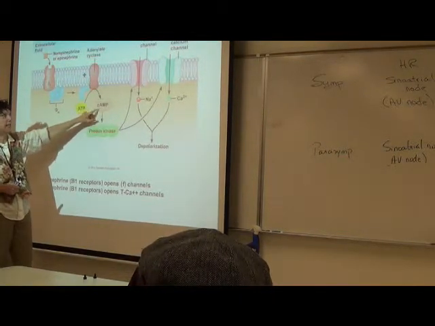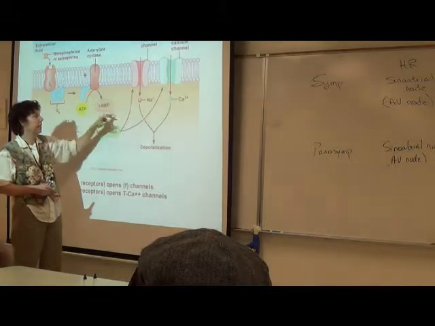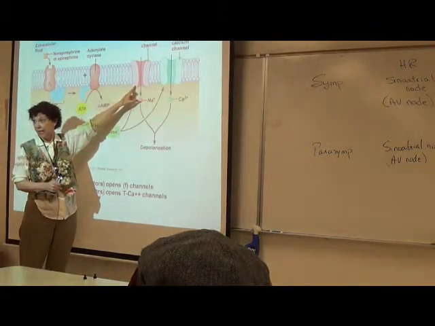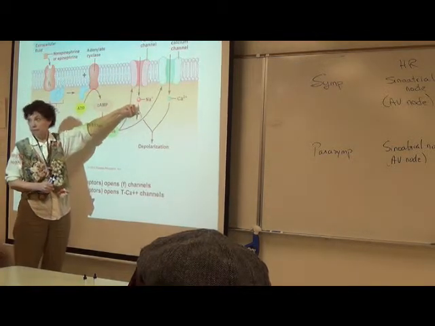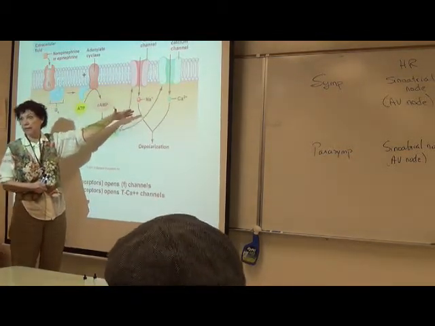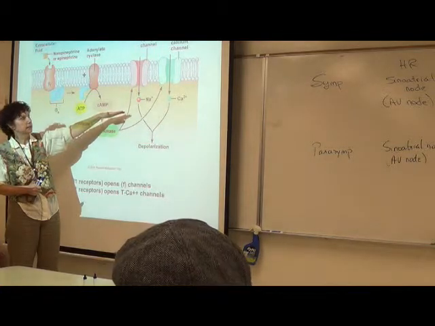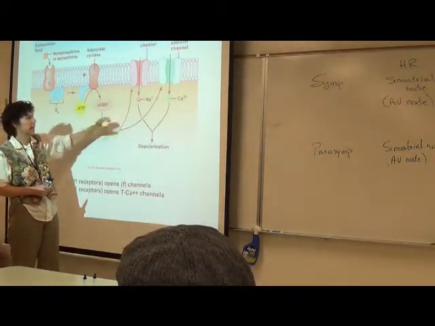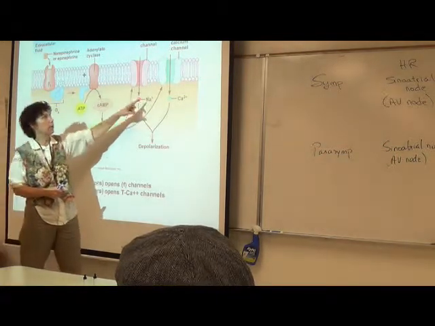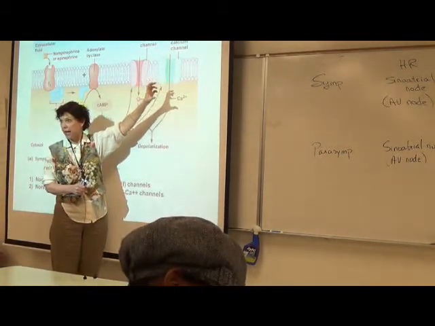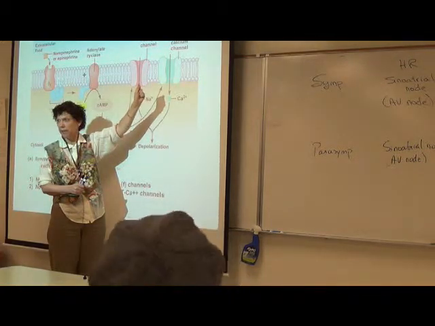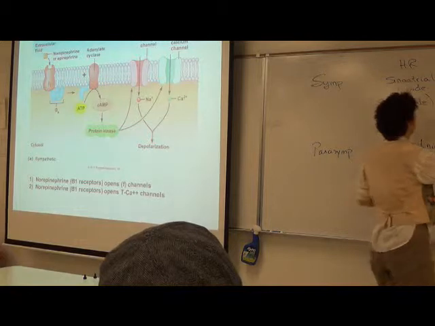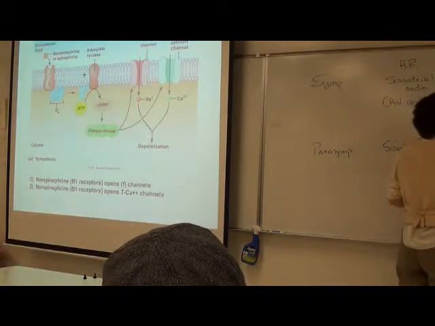And cyclic AMP itself, here it has it doing it by protein kinase, but cyclic AMP itself will open the funny channels, allowing sodium to come in at a faster rate. The potassium is leaving even normally. And the protein kinase will open the transient calcium channels. Do you remember when the transient calcium channels opened? Just prior to an action potential. So we had our repolarization.